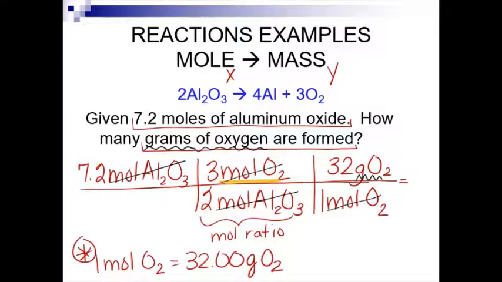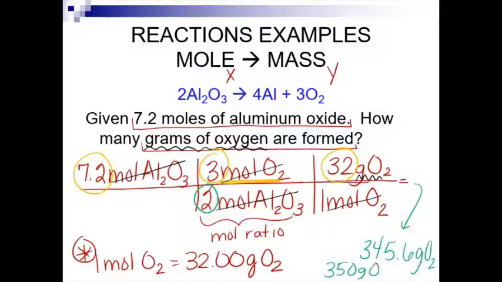Now, mathematically, you're going to multiply 7.2 times 3 times 32, and then divide by 2. And when you do that, you get 345.6 grams of O2. Sig figs wise, you should write 350 grams of O2. Most of the time I will use 3 sig figs in my given.